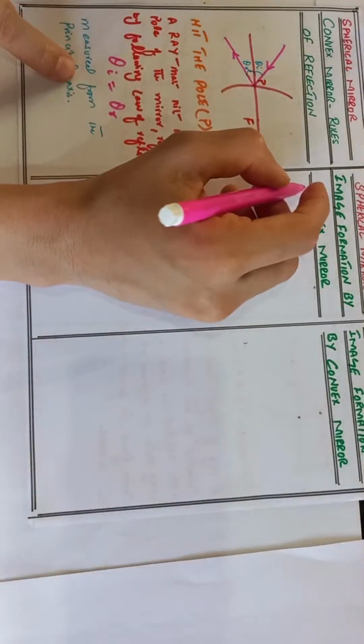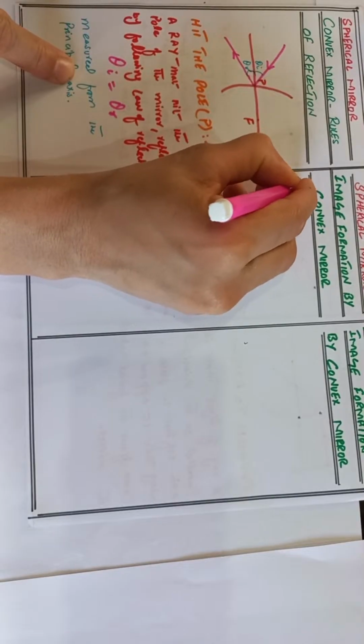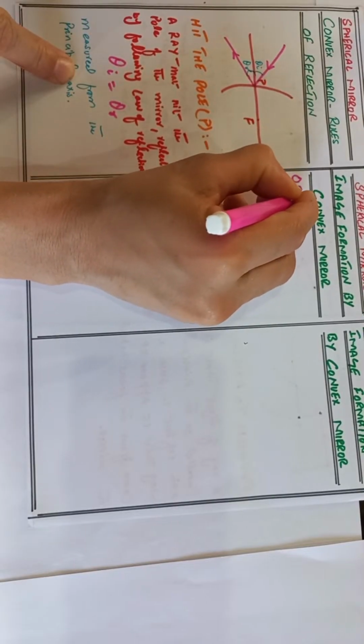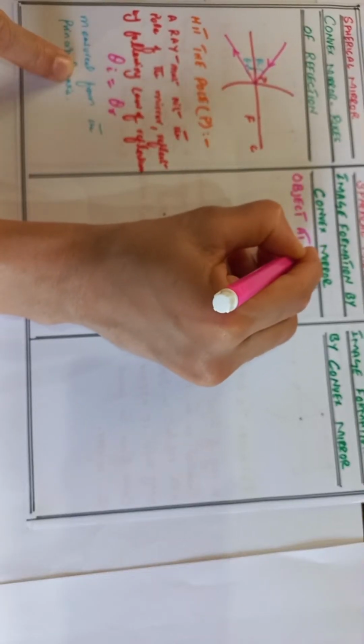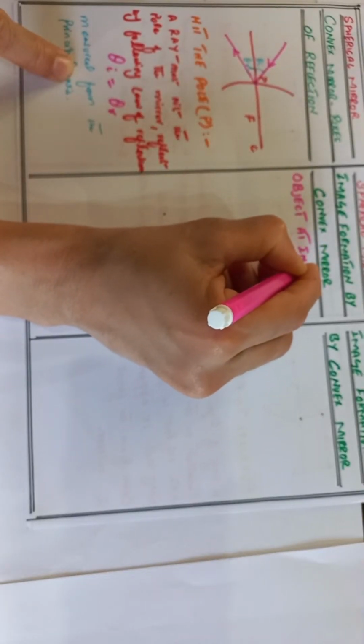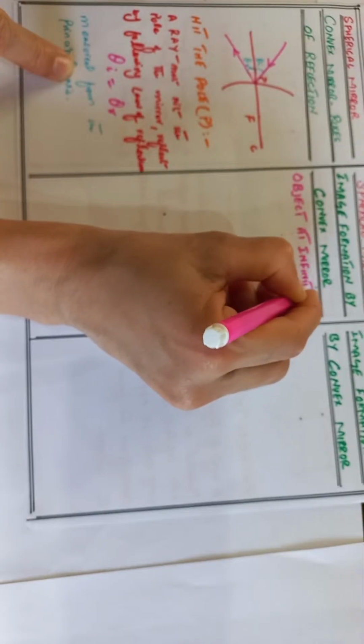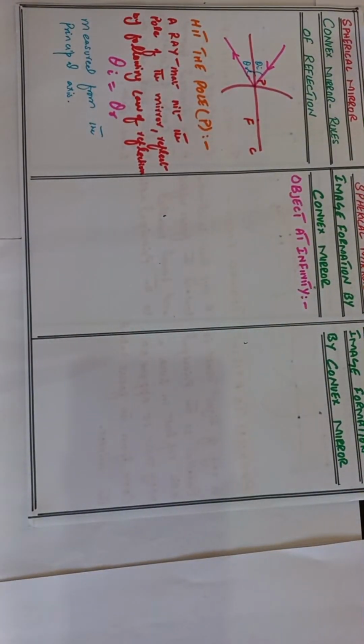Object at infinity. Here we take the convex mirror and we take the object that is at the infinity position.